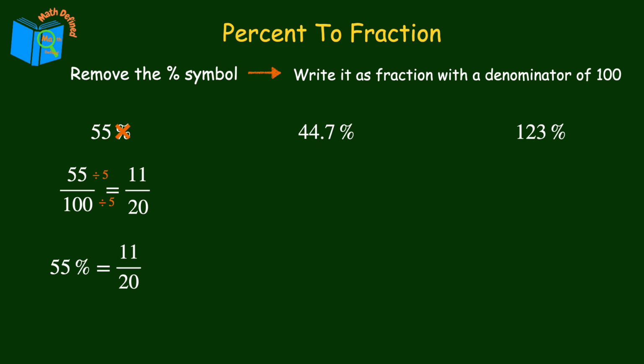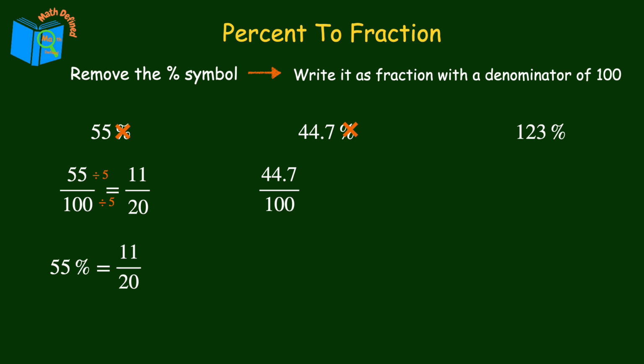Now let's look at 44.7% again. We wrote it before as a decimal, but now let's write it as a fraction. We'll follow the same 2 steps. Remove the percent symbol and then write it as a fraction with a denominator of 100. 44.7 over 100.